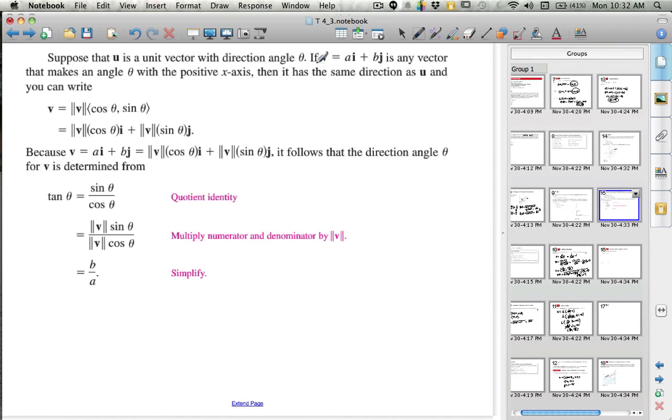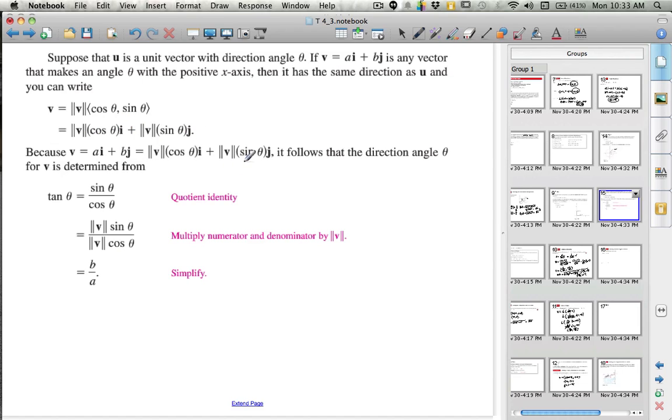So supposing u is a unit vector, I can go ahead and use these formulas. Right here we find the magnitude times the sine and the cosine. We distribute the scalar, and we can go ahead and work this all out.